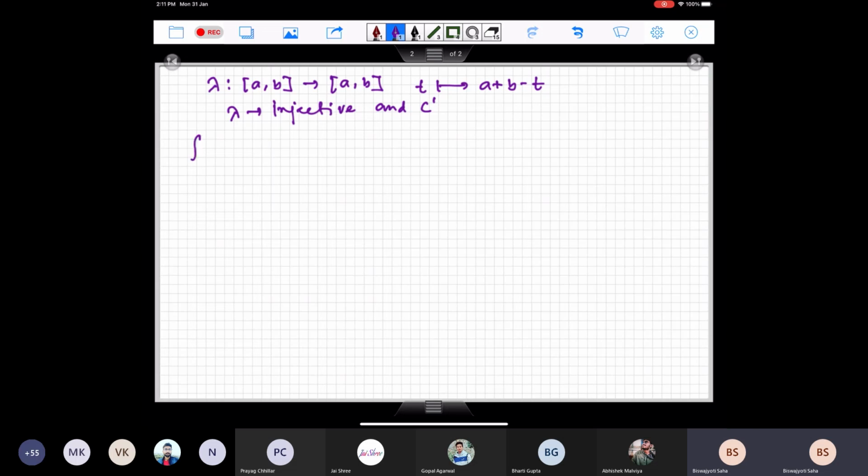So therefore here, the integral, let me write down. The integral of f over gamma tilde is minus integral a to b of f of gamma of lambda t times gamma prime of lambda t dt.